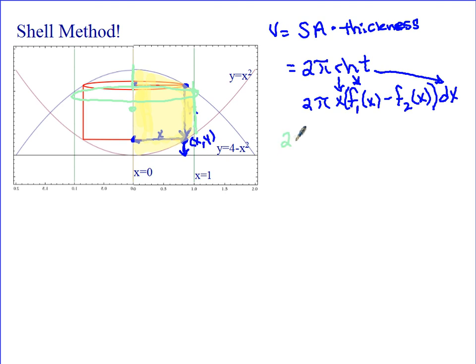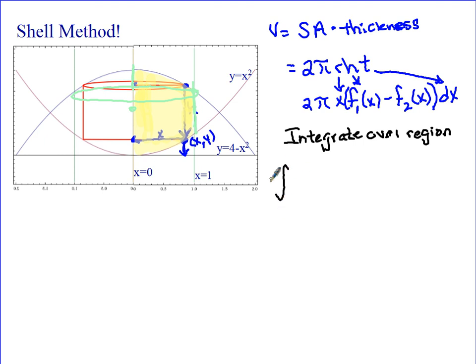So we're going to integrate it over all the radii. So we're going to have 2 pi. Okay, that's not a good color for this. Try that again. So we're going to then integrate over, and I guess I shouldn't say over all the radii, but integrate over all the possible x's. Over the whole region. So integrate over the region, and the region starts here at 0 and it ends at 1.